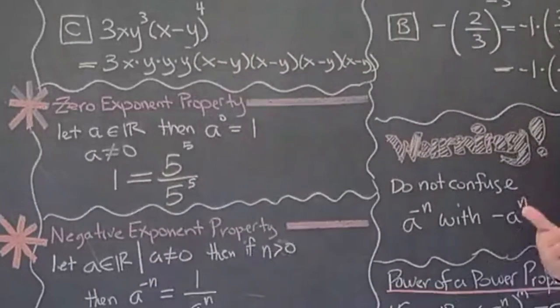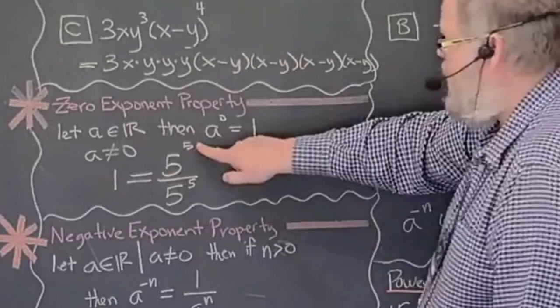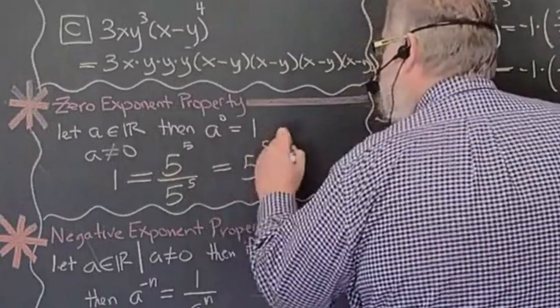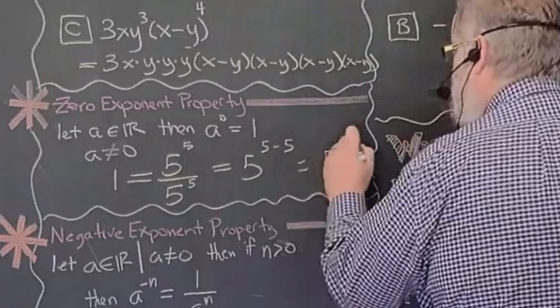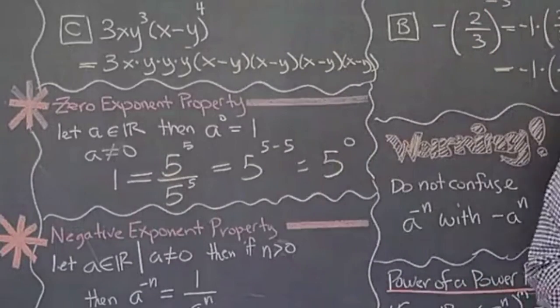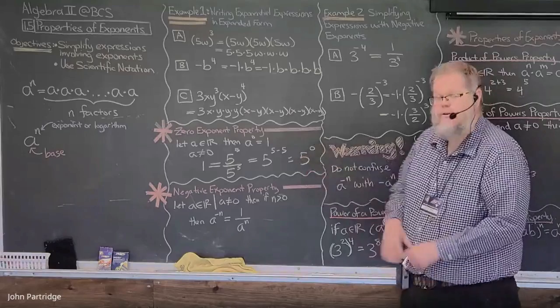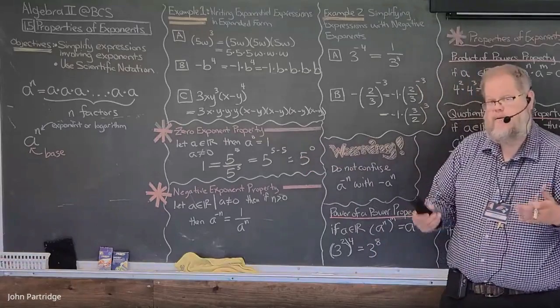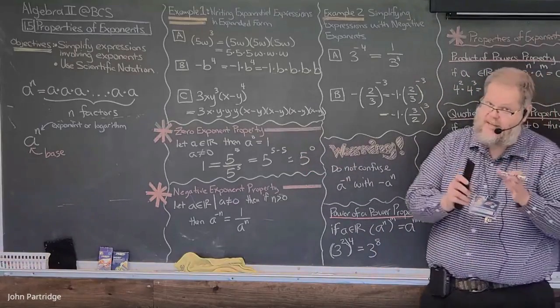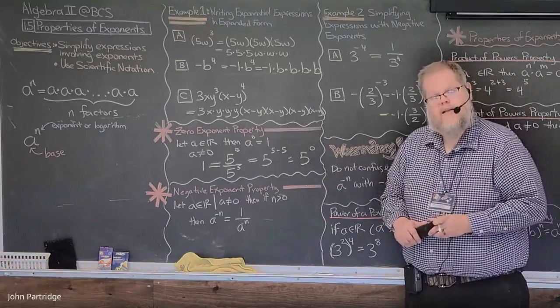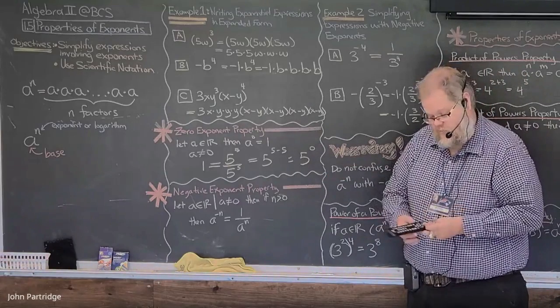But if I use my quotient property that I just illustrated to you, I could say 5 minus 5. So this is 5 to the 5 minus 5, which is 5 to the 0 power. And so that's why everything to the 0 power, if it's a real number, and if that real number is not 0 itself, is 1. 5 to the 0 is 1. And so that's the reason why.